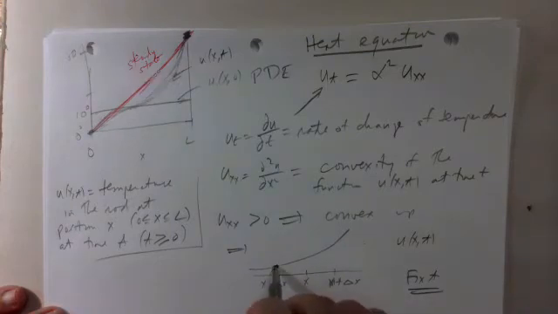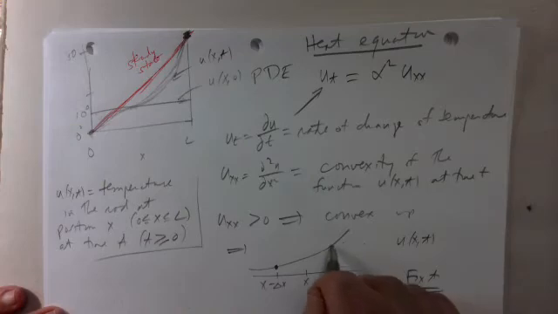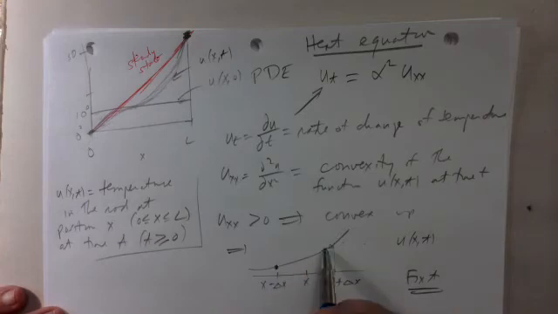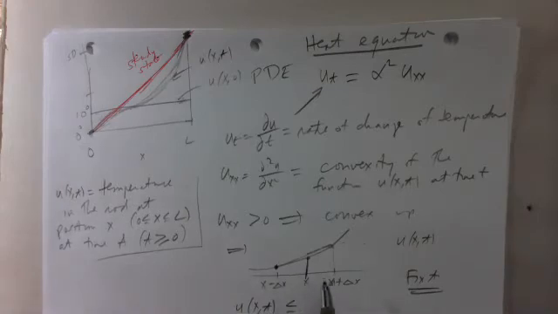Here is the value of the function at x minus delta x. Here's the value of the function at x plus delta x. What does it mean to be convex up? It means the graph lies beneath the chord. So convex up means the value of the function at x at this time t is less than this value. What is this value?